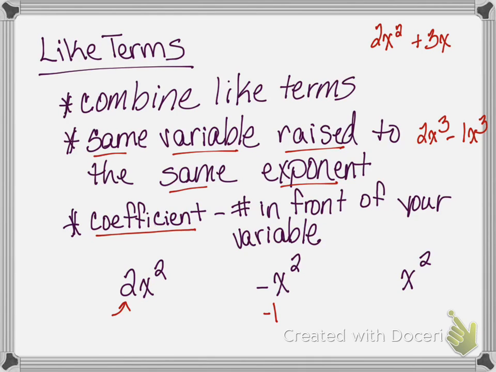Okay? What is the coefficient in front of x squared? 1. Okay? And when we are combining like terms, what you're adding and subtracting are the coefficients. That's what you're doing there. Okay? And we've dealt with like terms for a while. I just like to review that.